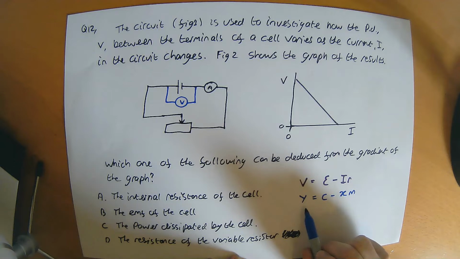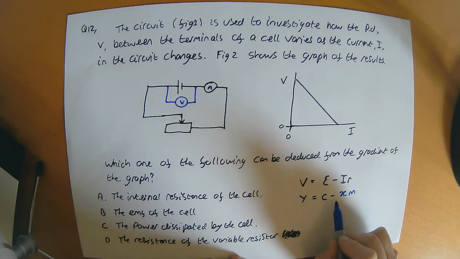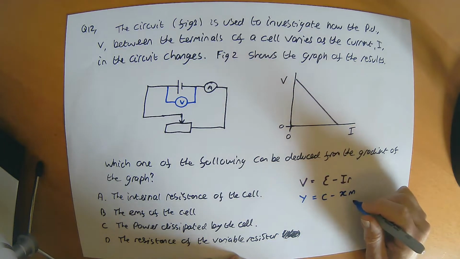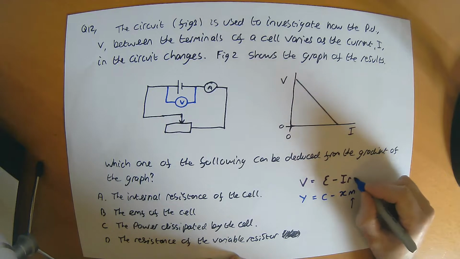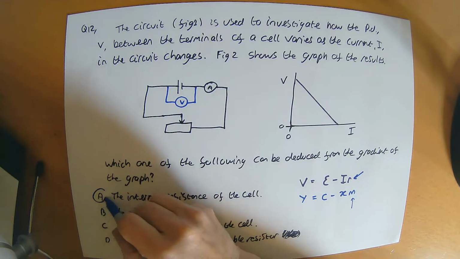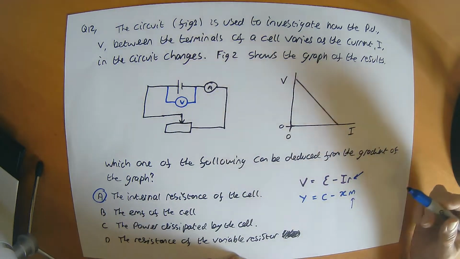That gives us a form of y equals minus m times x plus c, which is why we get this negative gradient. The gradient of this graph is the internal resistance of the cell, so the answer is A. The EMF of the cell is the intercept.